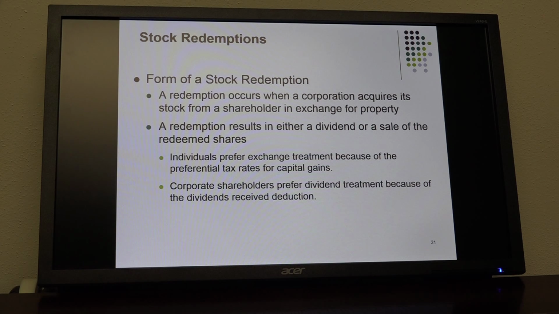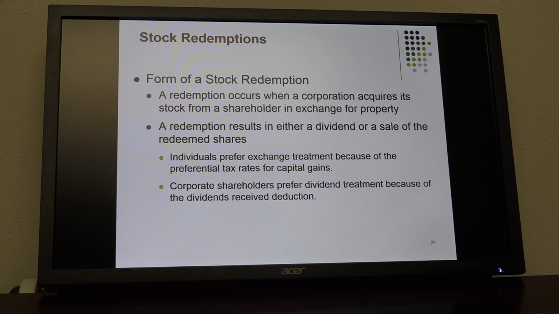There's no basis against which to offset that $100 because you're not selling stock. You're just receiving a dividend. So individuals prefer exchange treatment rather than dividend treatment because they can take into consideration the basis that reduces the amount of their gain versus a dividend.